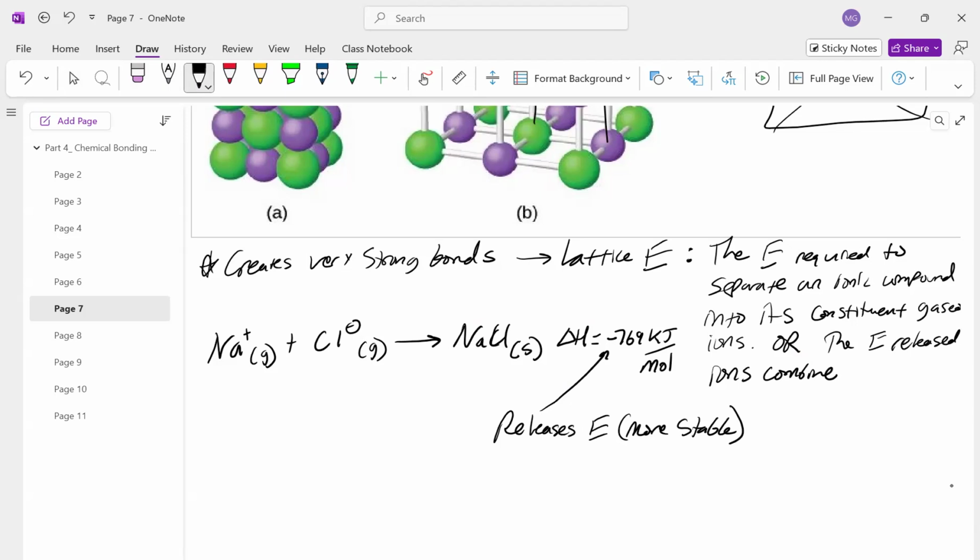Now, a term you'll hear me use when energy is negative is exothermic. I'll dive deeper into that a little later, but exothermic just means energy is released.